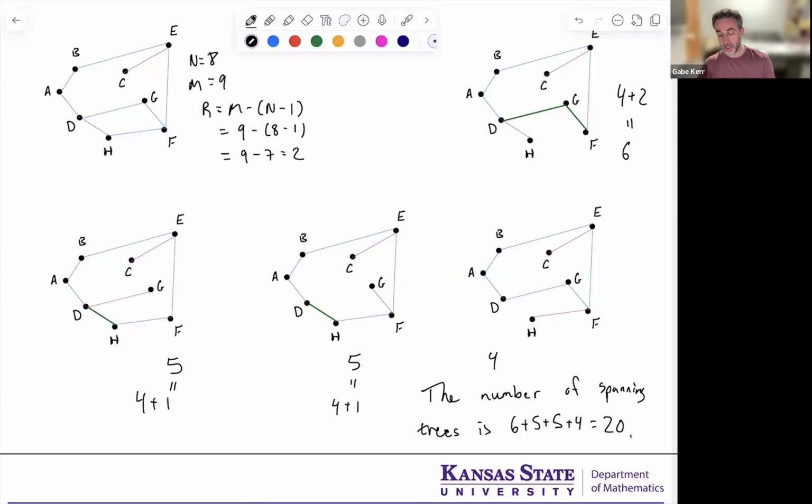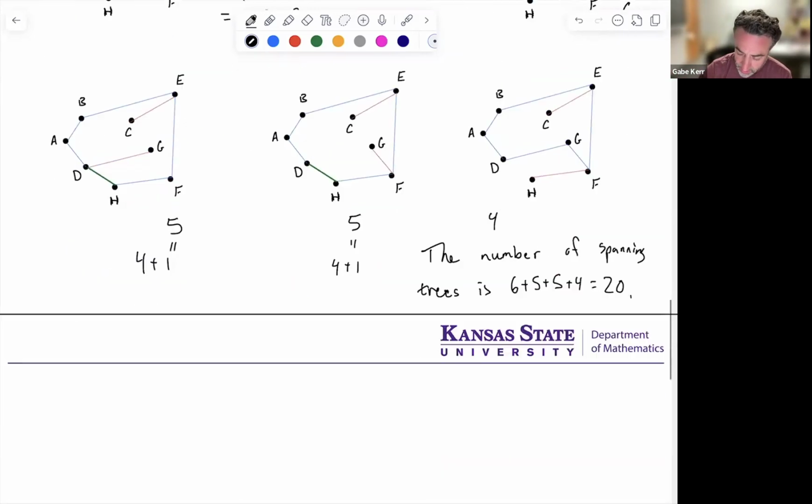So even in this case where you have redundancy 2 and you're only removing 2 edges, things can get more complicated than in the prior redundancy 2 case. And so you can imagine, and you would be right, that things get very complicated as you get higher redundancy and more complicated networks. All right.